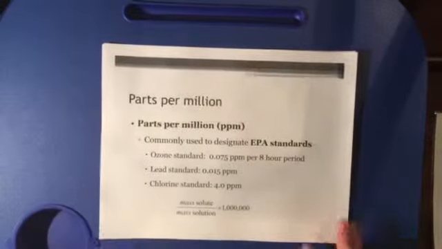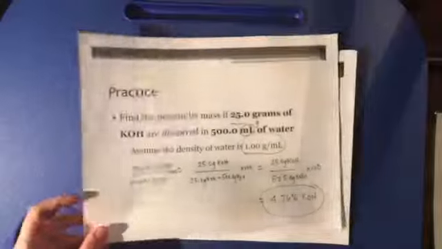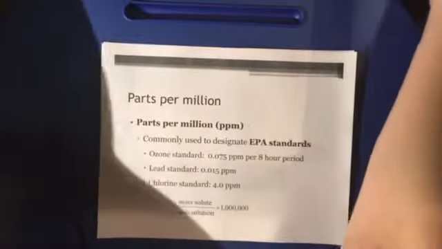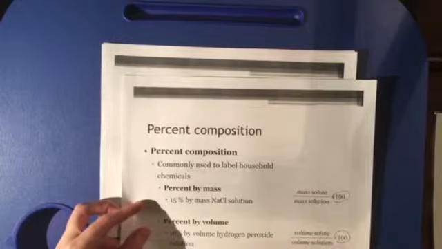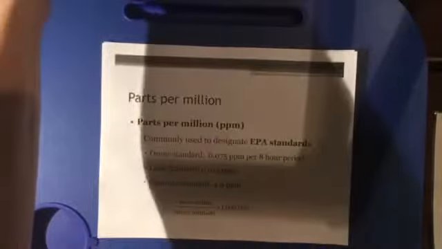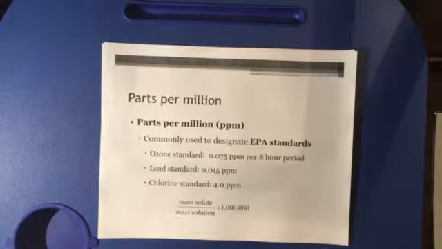Okay, last slide just tells you what parts per million is. And so basically this is just like percent by mass, except for percent by mass, you multiply by 100. Parts per million is when you have something that is a really, really small amount. These are like impurities or things that could hurt us in water. And there's limits to how much that can be in.